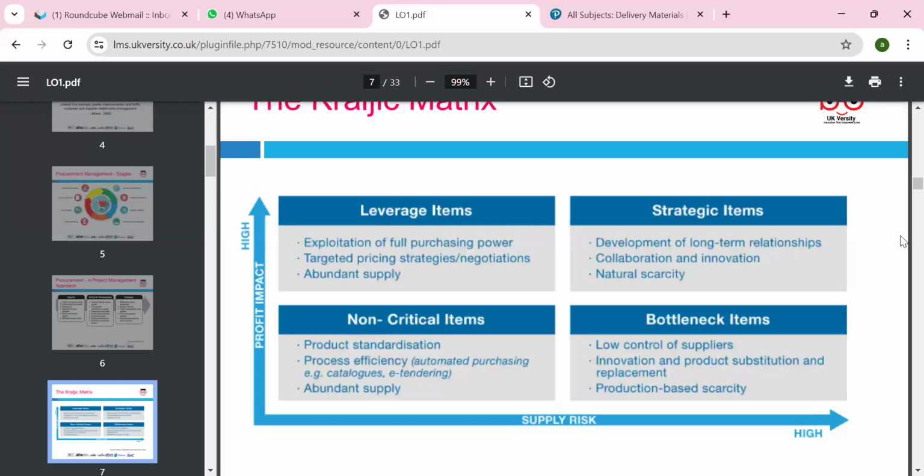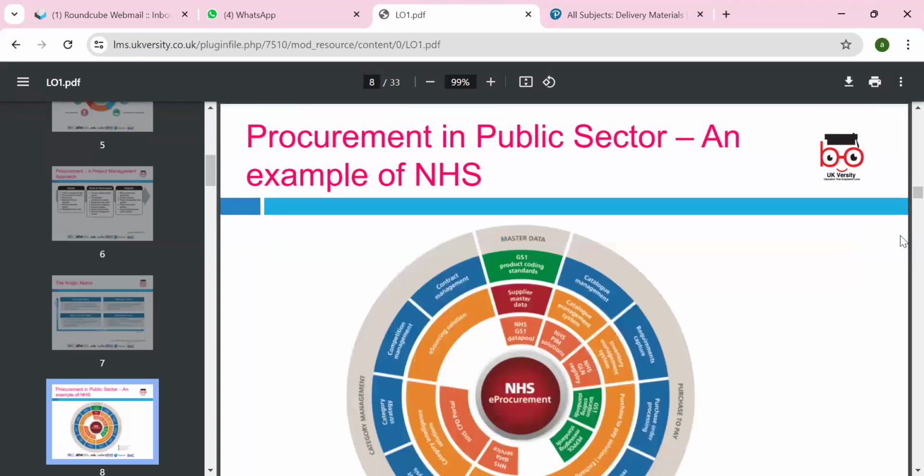Then strategic items: development of long-term relationships in these items, collaboration and innovation, and natural scarcity. The bottleneck item has low control of the supplier in this case. Innovation, and products can be substituted, replacement, and product-based scarcity. That's what we can look at in these.